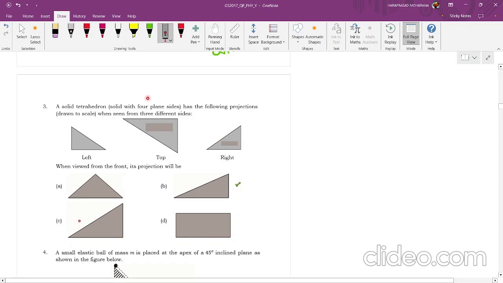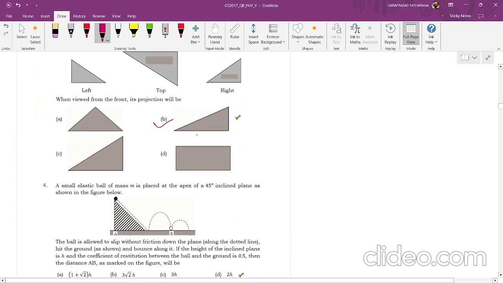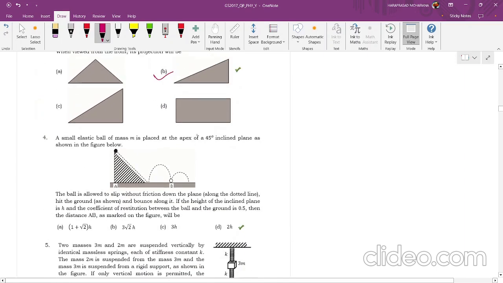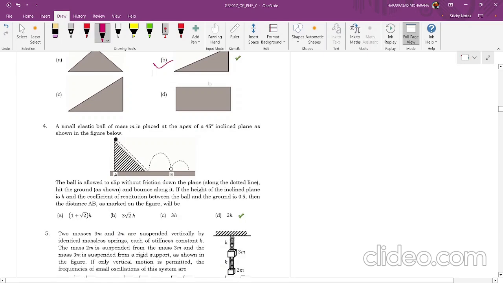Similarly, when you look at option C, this is just the top view, kind of rotated a little, and the size is similar to the top view. And option A looks like a triangle. So the only option left is option B. So our right answer is option B. You have to think logically about these questions. Nothing more to do in this kind of question.